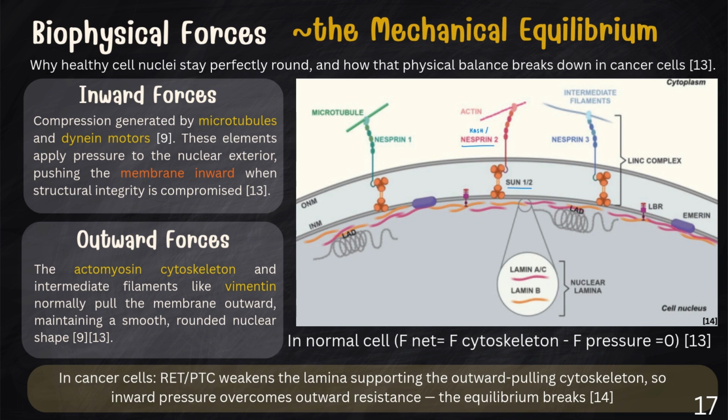In a cancer cell, the RET-PTC gene weakens the lamina supporting the outward pulling skeleton. So inward pressure overcomes outward resistance. This makes the equilibrium break. There are also cytoplasmic organelles around the nucleus that increase the inward force, and this condition makes the inward force greater than the outward force.